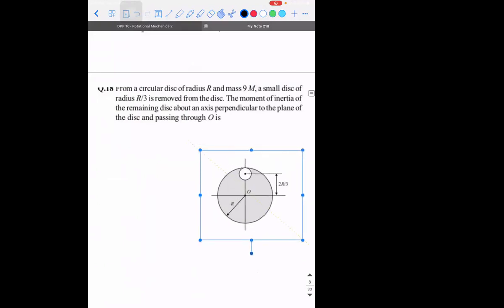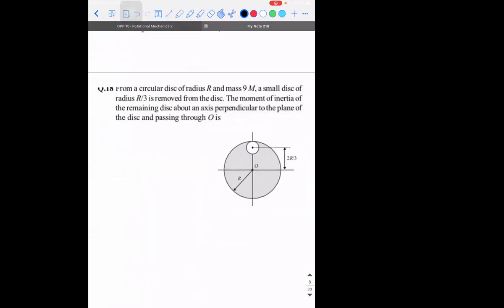Let's try. So how do we proceed? Any idea? Since this portion is hollow, we need to see what is going to be the total moment of inertia. They are asking the moment of inertia of the remaining disk, correct?